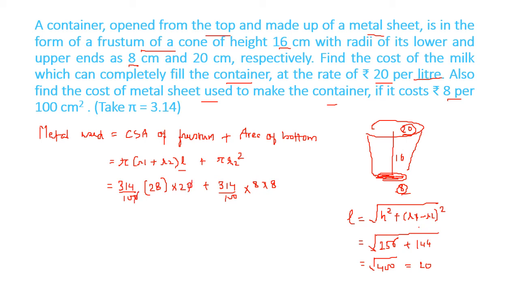So the zeros get cut. What do we have on multiplying? We have approximately 1758.4 plus 200.96.